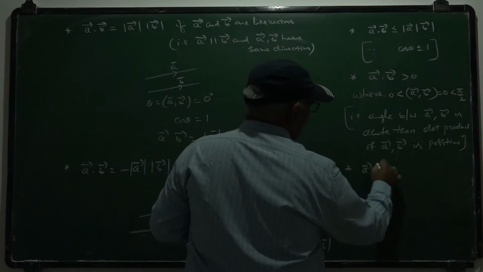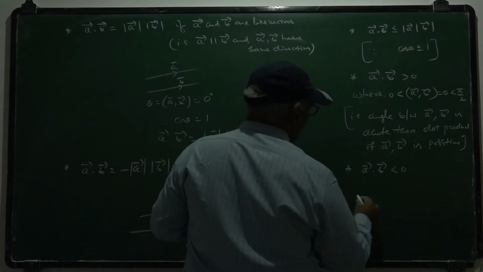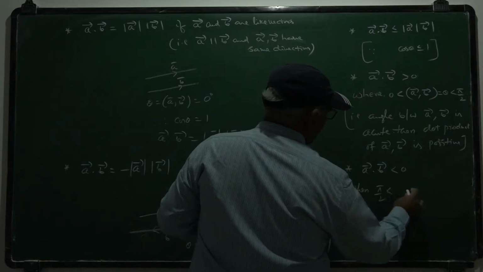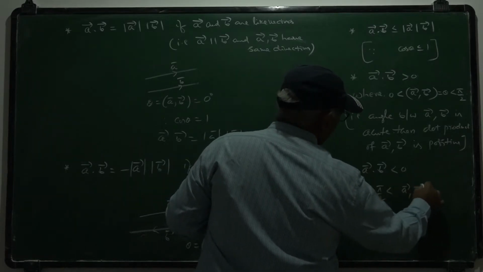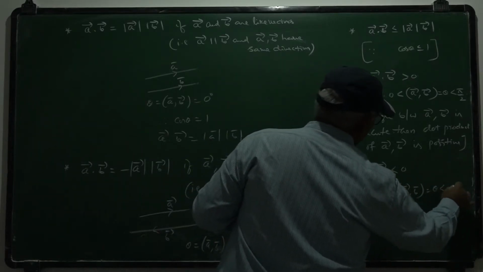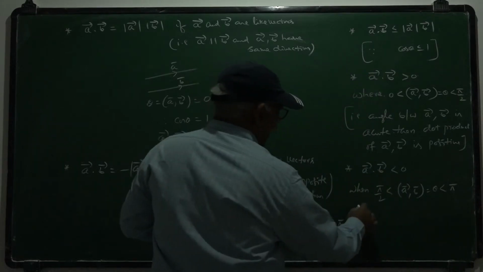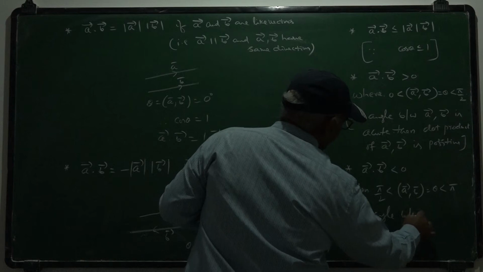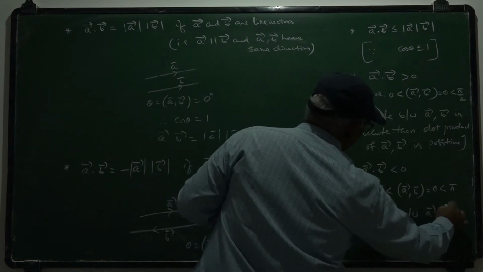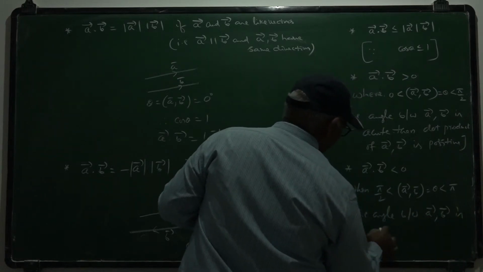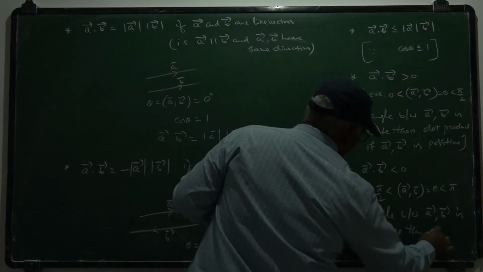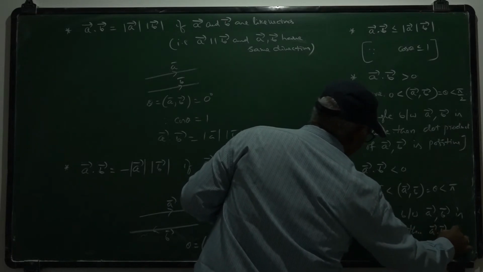A dot B is negative when pi by 2 is less than the angle between A bar and B bar, theta, is less than pi. That is, the angle between A bar, B bar is obtuse. Then the dot product is negative.